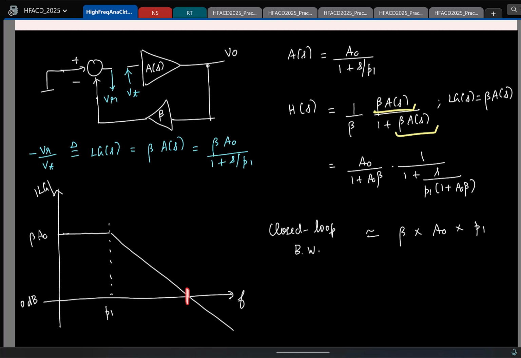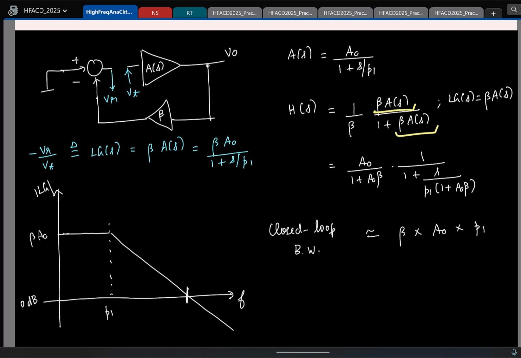And this frequency is of more physical importance, because till this frequency the magnitude of the loop gain is greater than 0 dB, that is, greater than 1, which means you have sufficient feedback. For frequencies greater than this point, the magnitude of the loop gain is much smaller than 1, so it is as though the feedback is not very strong.